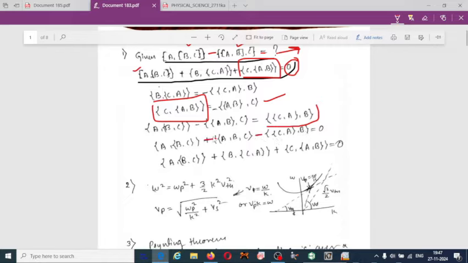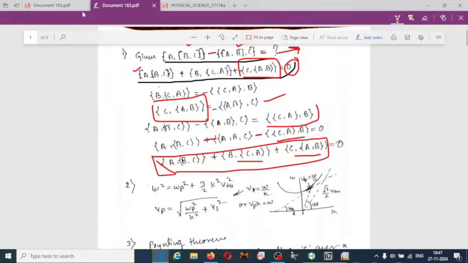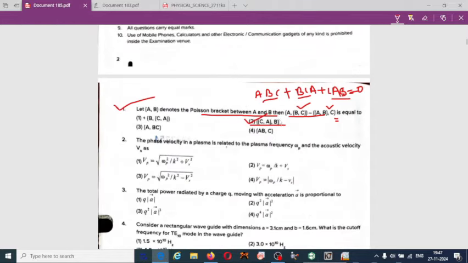Then if you reverse this minus sign, you will get the second option [b, c, a] and the third option [c, a, b], which will give the sum of these equations according to the Poisson bracket equal to 0. Then the second option is the correct one.